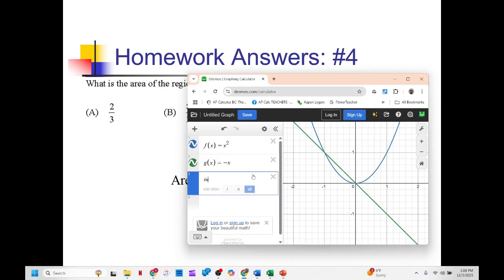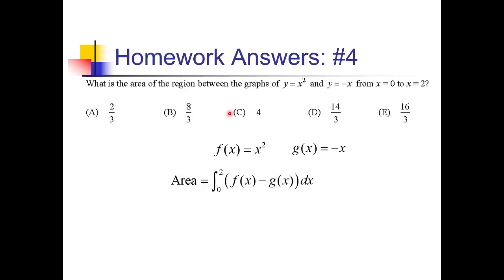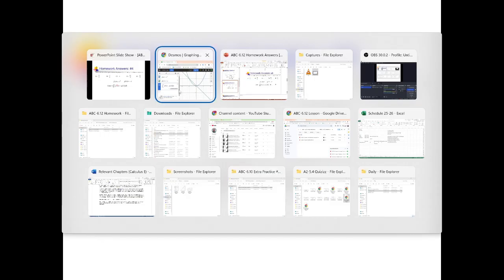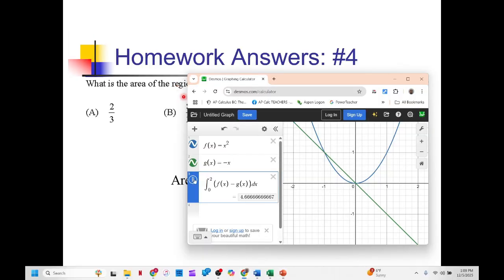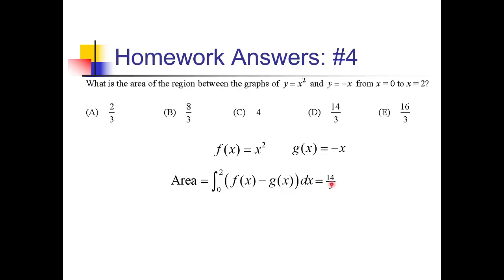So integral 0 to 2, parentheses, f of x minus g of x, close the parentheses, dx. Our answer choices are all fractions, so I can just press a quick button here. This little button right here turns my answer into a fraction. So that's 14/3, which matches choice D.